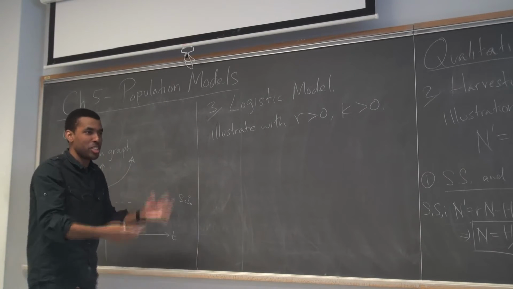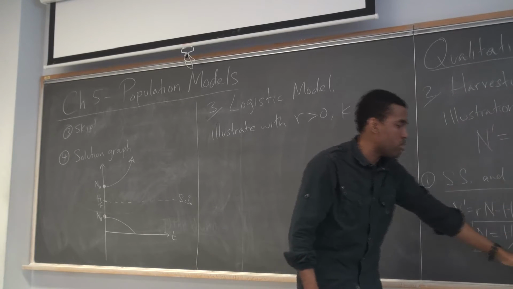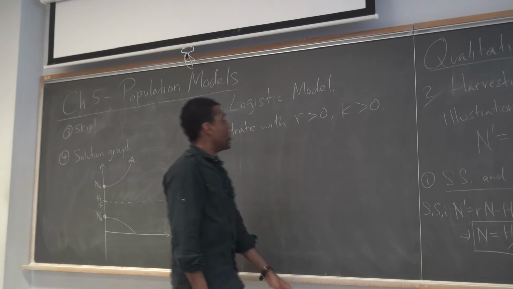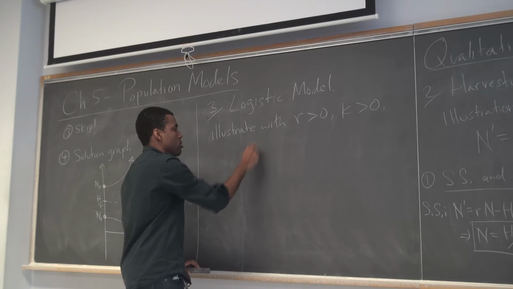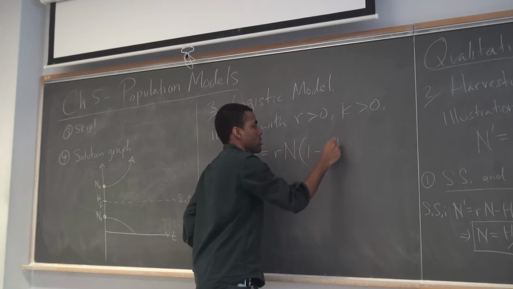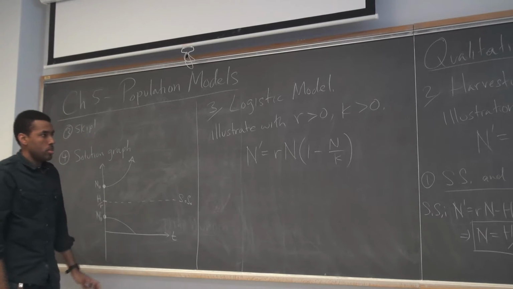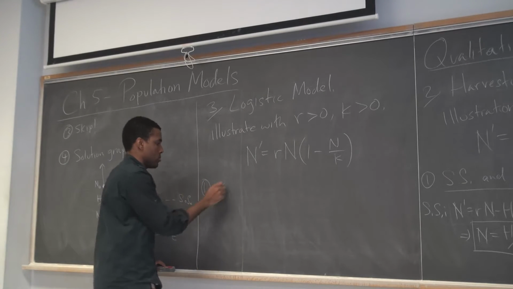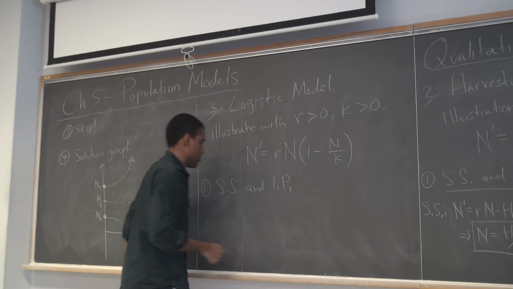You're just going to be changing the numbers. The last two, though, can have some variations. That is, we are looking at n prime equals Rn(1 - n/k). Let's examine this guy. So that's steady states and inflection points.